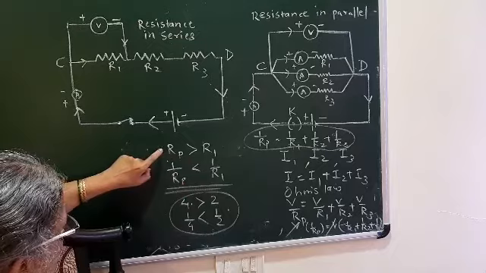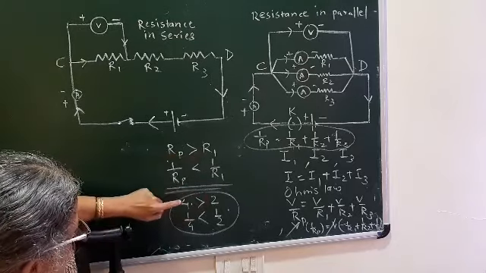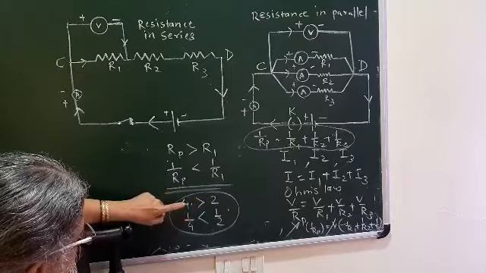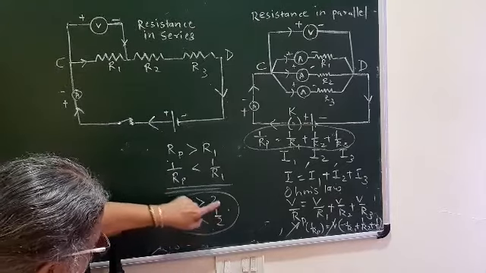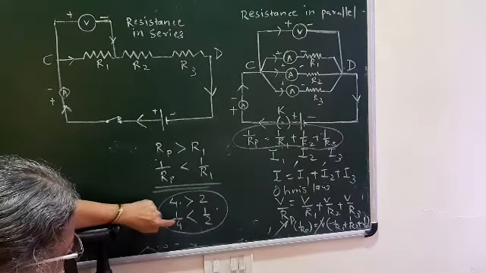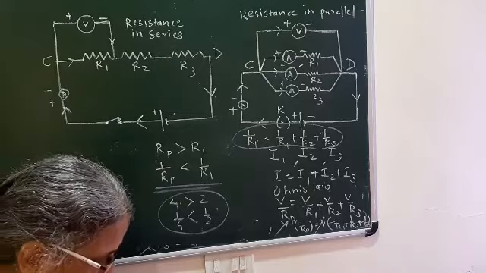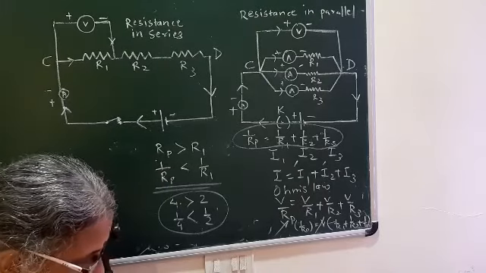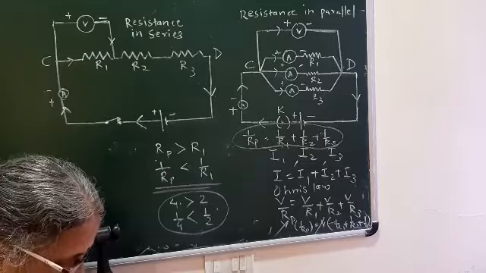So if we take the example of Rp as 4 and R1 as 2, so Rp is greater than 2. But if we make 1 upon 4, that is the 1/4 part, and here the 1/2 part, so the 1/4 part will be less than the 1/2 part.